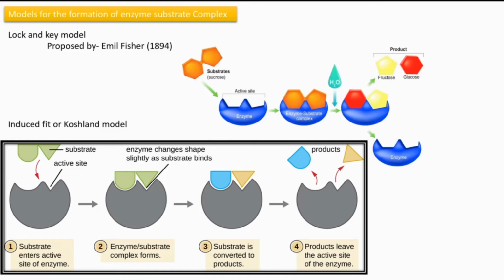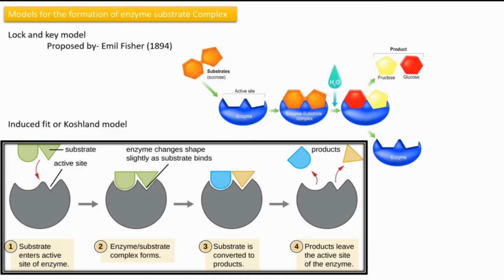Also, this theory did not explain the flexibility shown by the enzyme. Normally almost all enzymes show such flexibility. In the presence of allosteric modulators, it shows some flexibility. Flexibility is concerned with the rigidity of the shape of the active site.